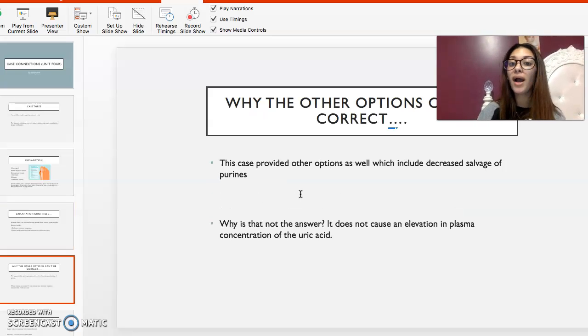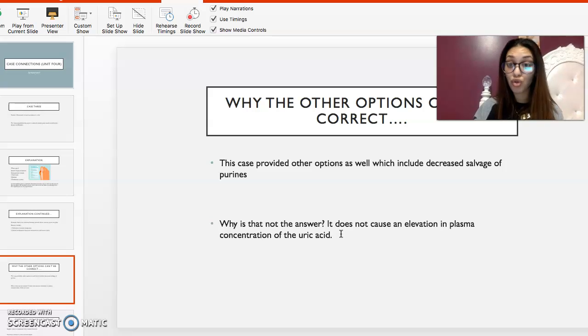Moving on, why the other options cannot be correct. Another option that was presented was decreased salvage of the purines, and why I don't think this would fit this particular case is that it does not cause an elevation in the plasma concentration of the uric acid, and he did not have an elevation as we could see from his labs.